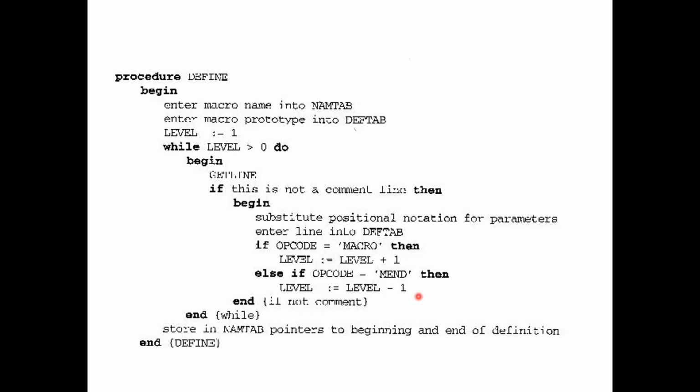When we call define, we enter the name into name tab and enter the prototype into define tab. That's where we've defined what it looks like. Now notice what we do here: we set the level to -1. And then while level is greater than 0, so we are greater than 0 right now, right?